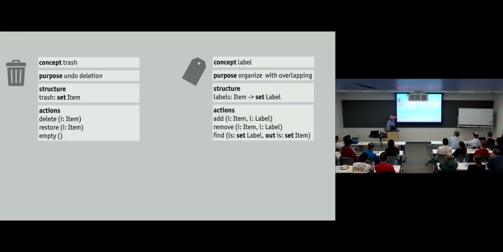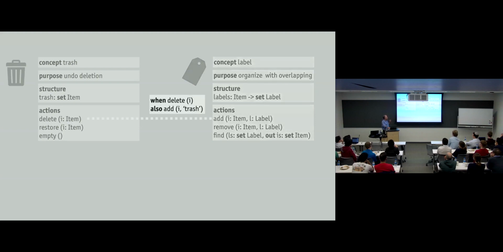If we look at an example, there's a trash concept that we're all familiar with. It was invented essentially by the Macintosh in 1984. And these concepts are synchronized so that when you delete an item, it also adds the trash label to the item. And it's bidirectional, so that when you add the trash label, it puts it in the trash.